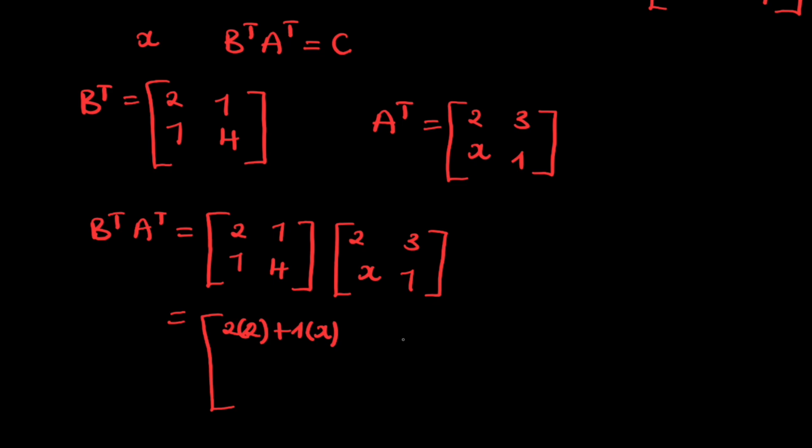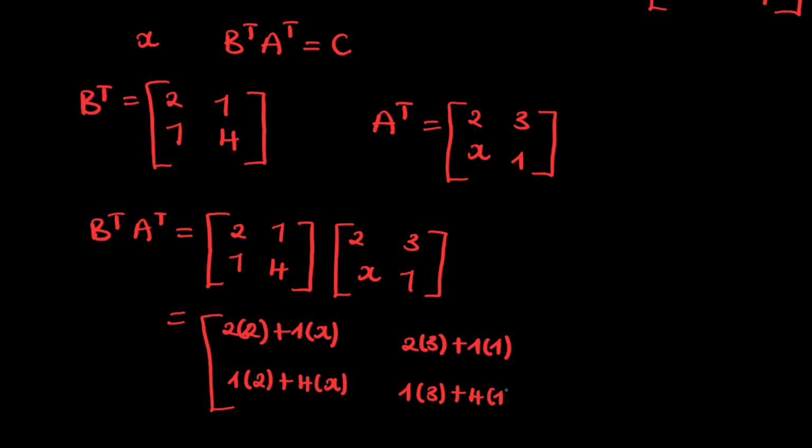For the second, we have 2 times 3 plus 1 times 1. For the third, we have 1 times 2 plus 4 times x, and for the last number we have 1 times 3 plus 4 times 1.